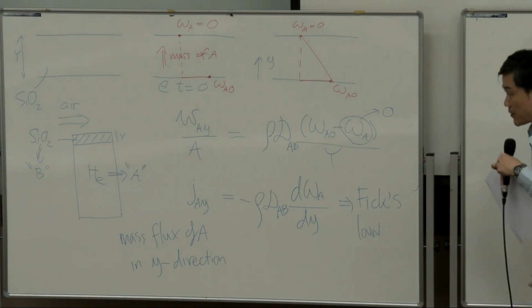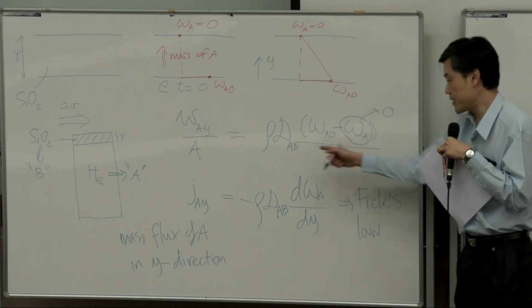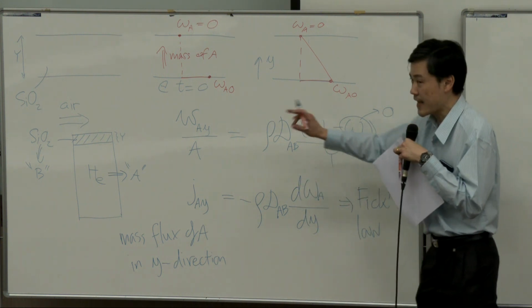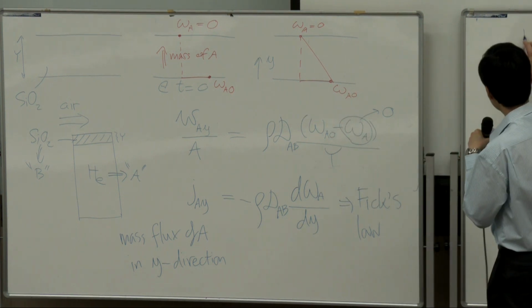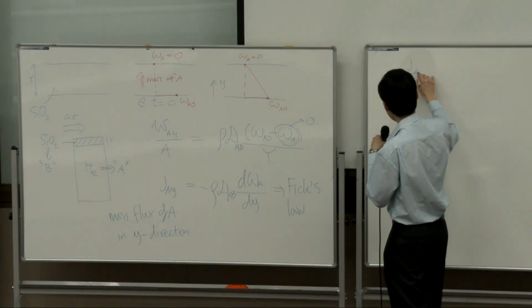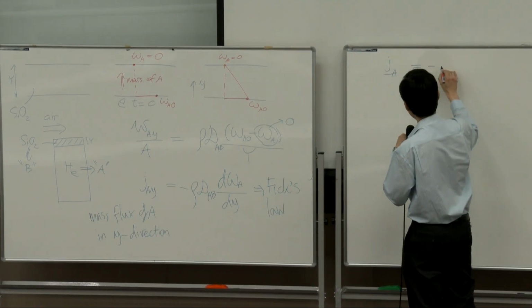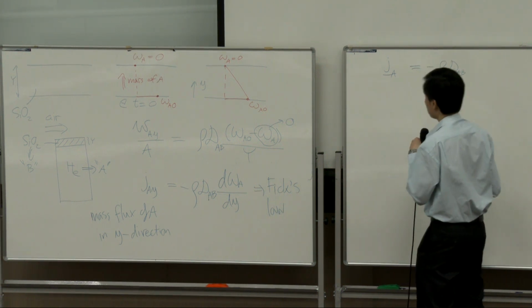Now, if you set up the equation for x direction and for z direction, you get the same form of equation, and then you can combine x, y, and z components together. So the left-hand side becomes a vector. This is vector JA, flux of A. On the right-hand side, that would be minus rho DAB.